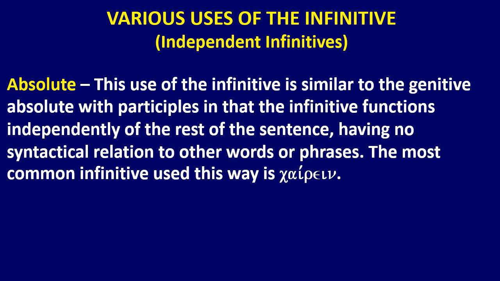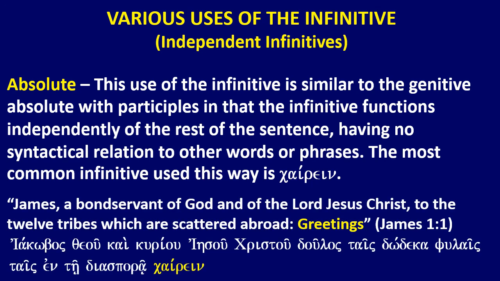And this is most often found with the word chairein in the New Testament. And here's an example of this from James 1, verse 1. We see the introduction. James, a bondservant of God and of the Lord Jesus Christ, to the 12 tribes which are scattered abroad. Greetings. So greetings, chairein, is entirely separate from the rest of the sentence. It's absolute in that regard.